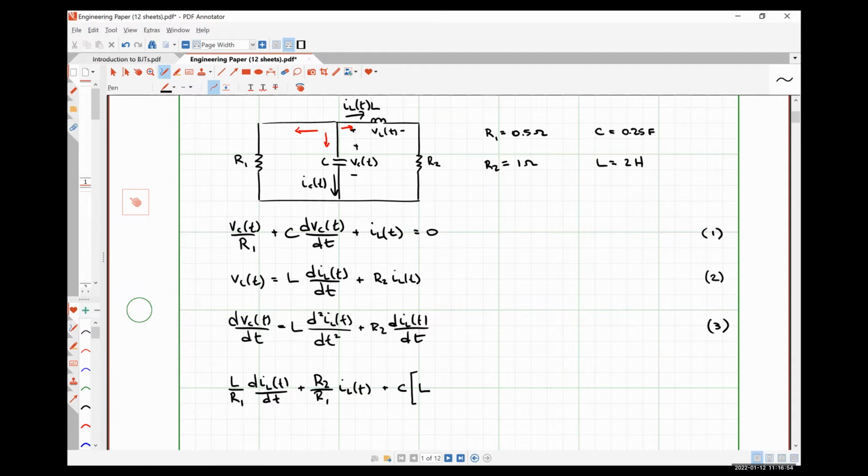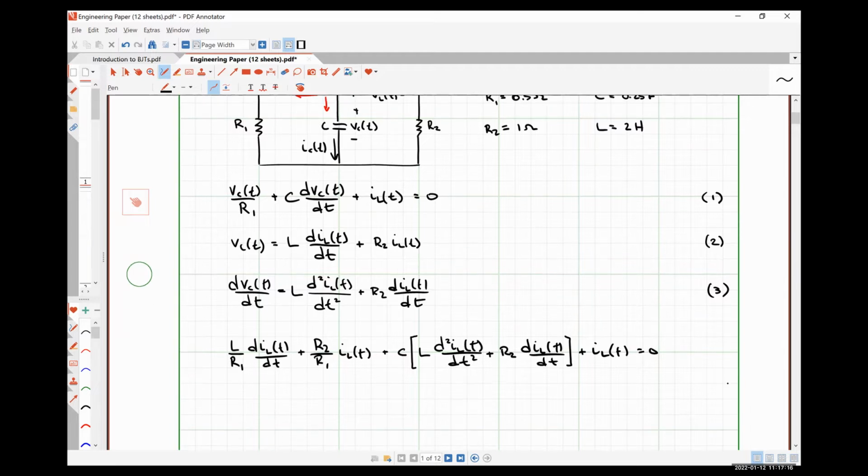So I'm just going to substitute in directly here: L times the second derivative of the inductor current plus R2 times the first derivative of the inductor current, and then plus IL is equal to 0.